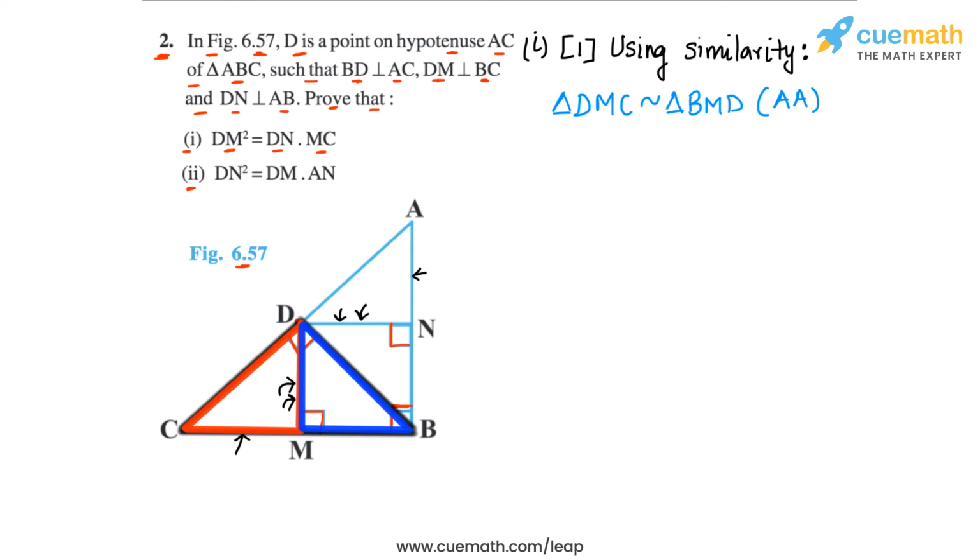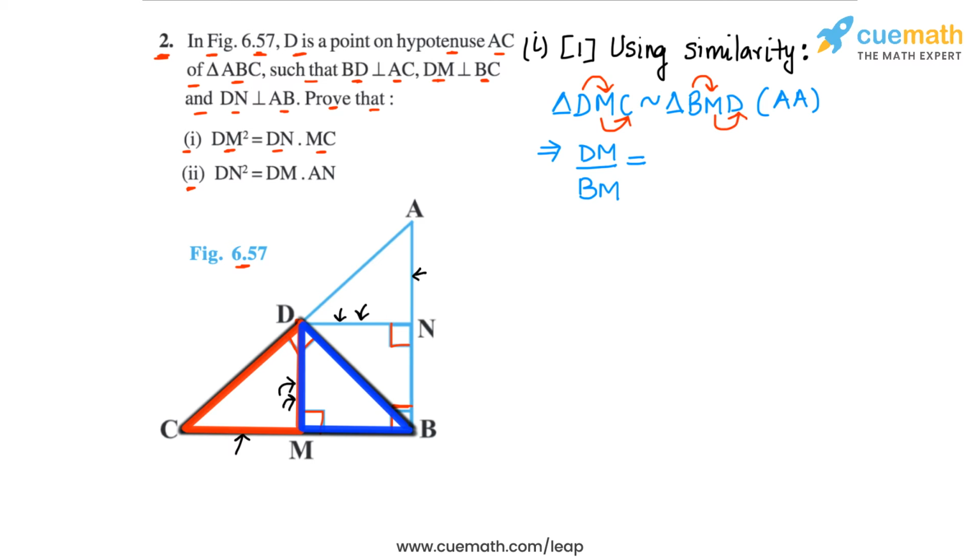Now because these two triangles are similar, their sides will be proportional. DM in the first triangle will correspond to BM in the second triangle. So we have DM by BM, that's one ratio. This will be equal to MC by MD, since MC in the first triangle corresponds to MD in the second.